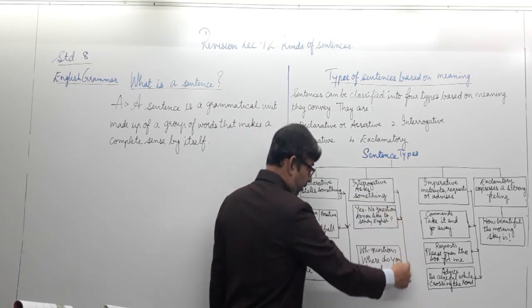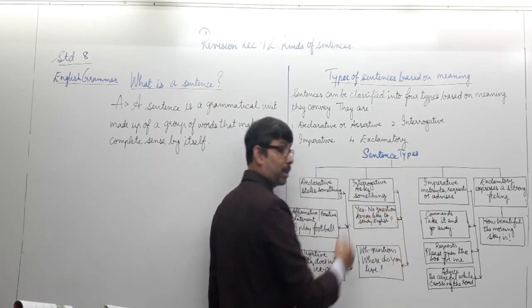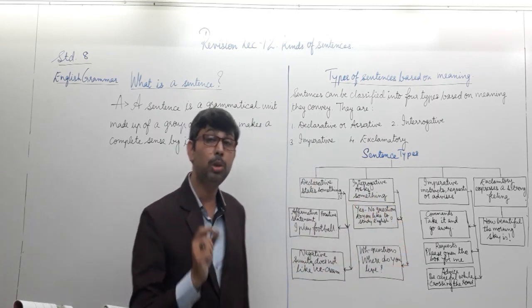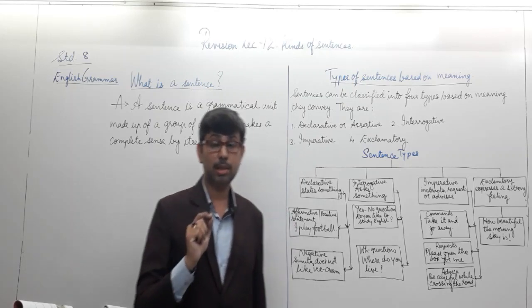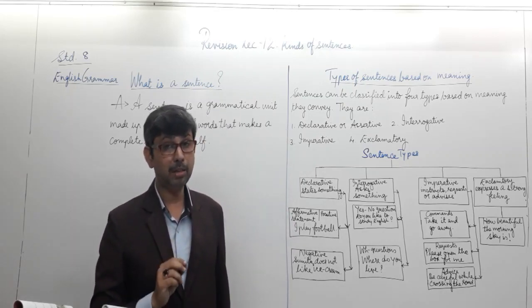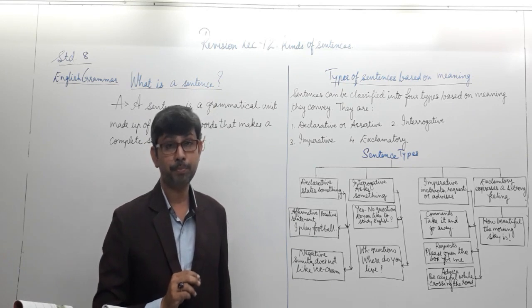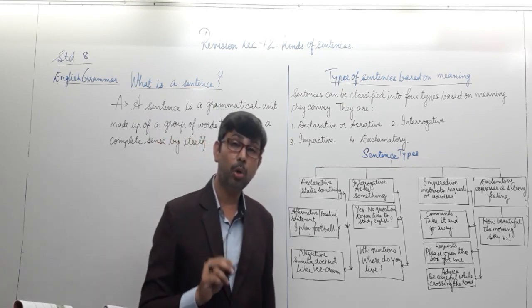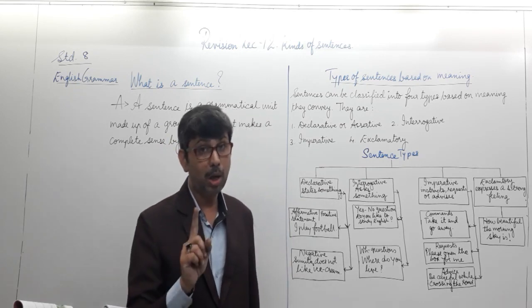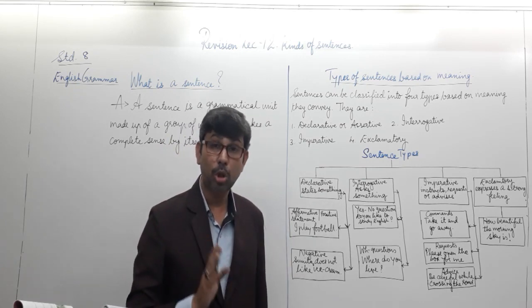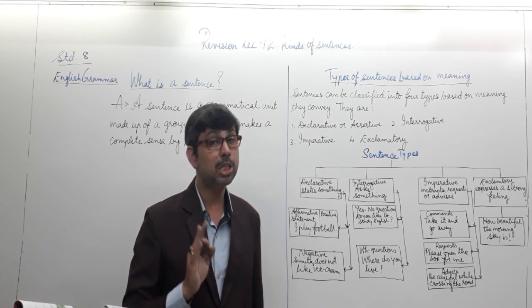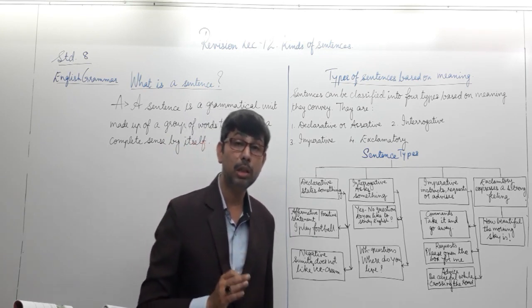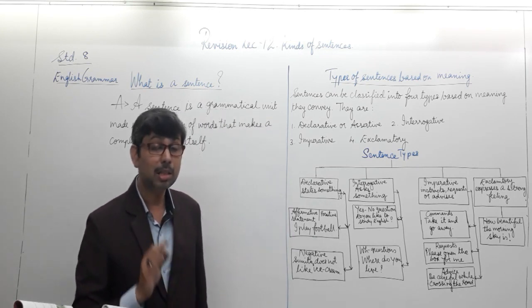We have interrogative sentences with the WH questions, where we use the WH beginning words like what, when, where, why, whose, or such questions where each and every word begins with a WH. Well, there is one which is a WH question but does not start with WH, and that is a very special one which you might have learned in the last year or last class. That is how.